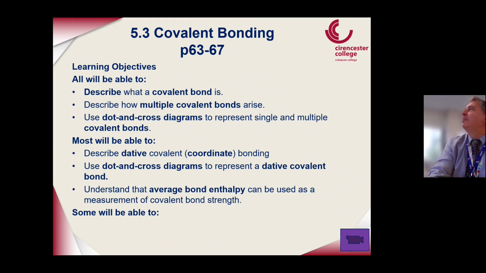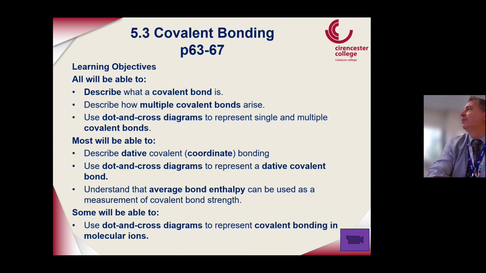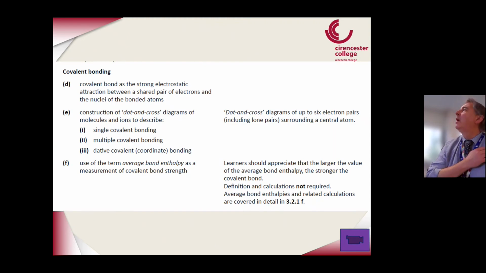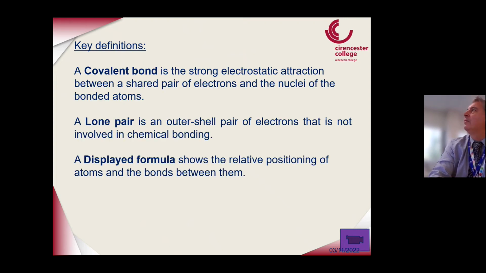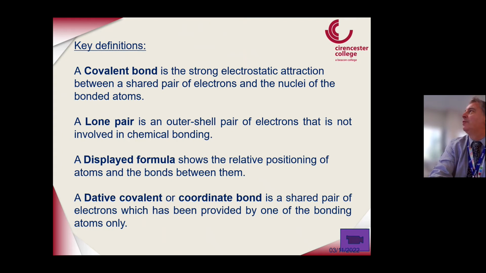We can also use the bond enthalpy, which is a measurement of the strength of a bond, and we talk about the average bond enthalpy of a covalent bond. Hopefully everybody should be able to look at molecular ions. We'll also be looking at some substances that do not complete what we call the octet, or actually over-complete the octet. They're the key words. The definitions are here, so you should make yourself some flashcards and make sure you learn them.